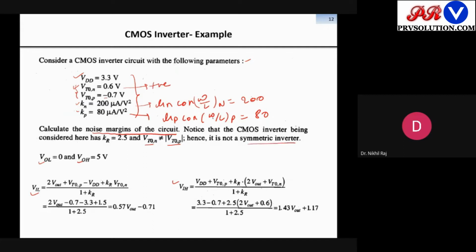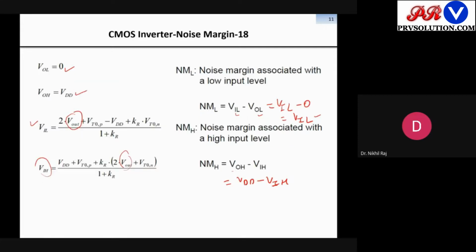What happens if the threshold voltages are the same? In the VIL and VIH equation, assume VTH is the same for both the MOSFETs, NMOS and PMOS. This means this VTP and this VT naught are the same, and here also.